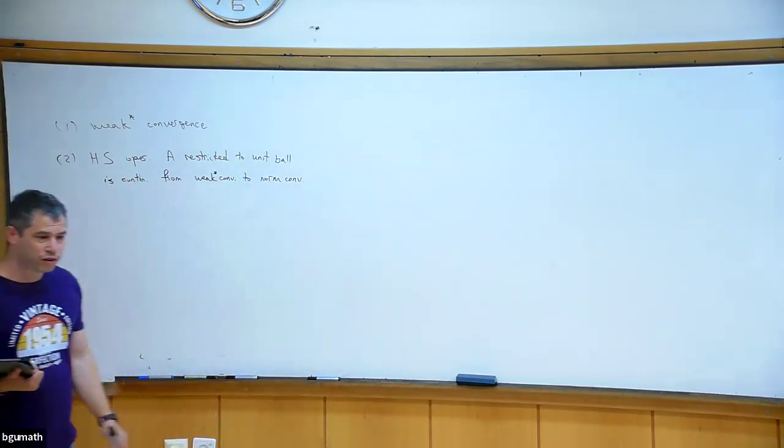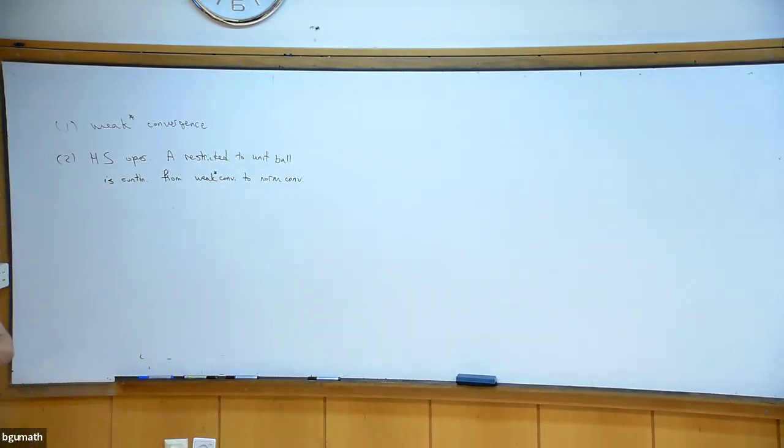So if you have a weakly converging sequence sitting inside the unit ball, then the image under A converges in norm to the correct limit.